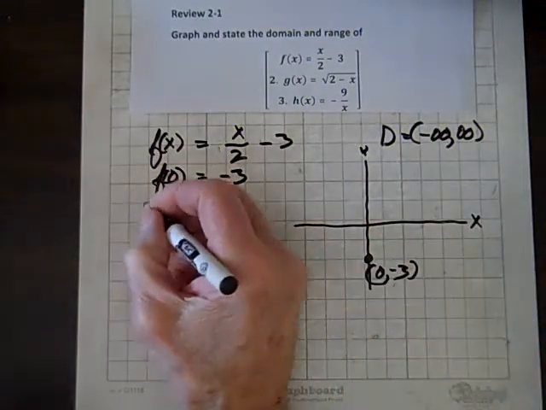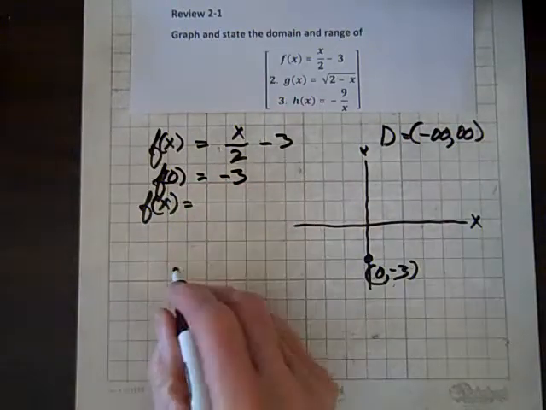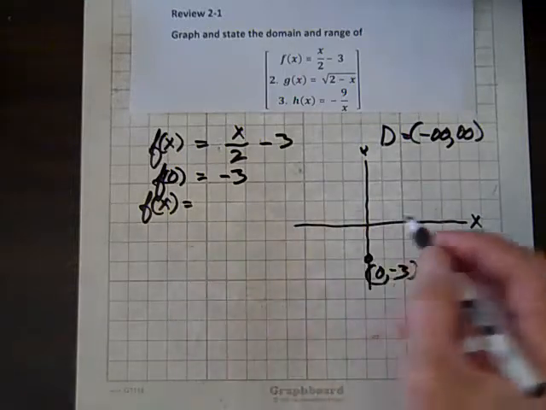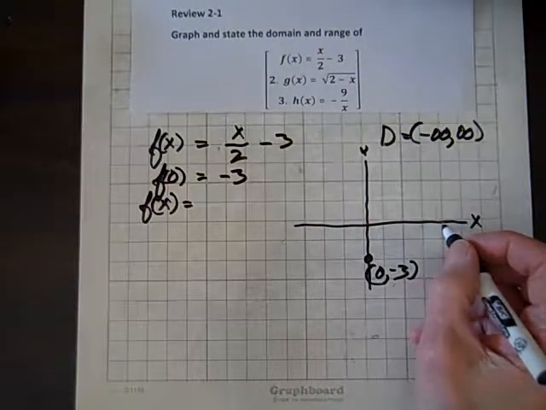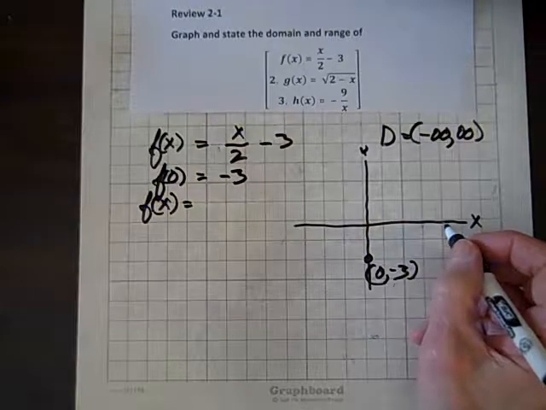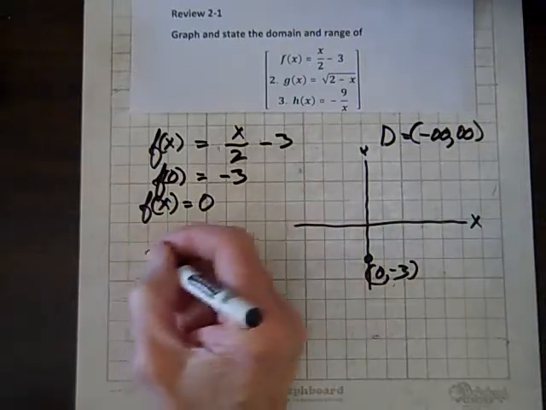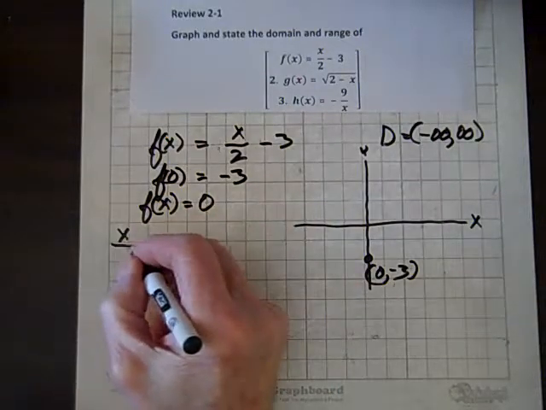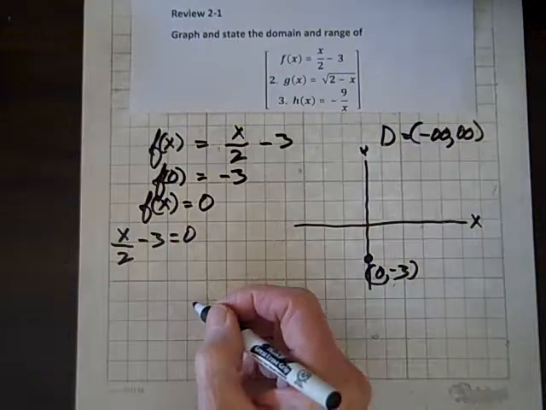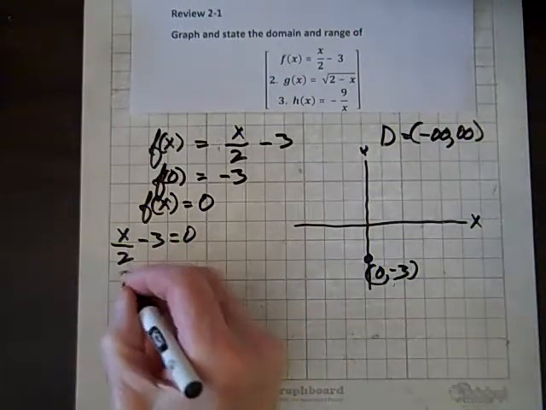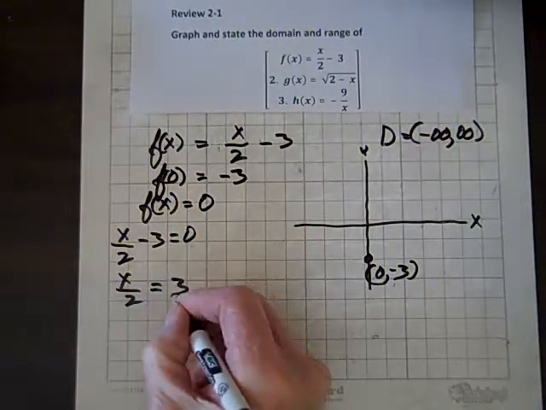Now, to find the x-intercept, we'll set f of x equal to 0, because in other words, y equals 0, and what's the y-coordinate for any point on the x-axis? It's 0. So we set x over 2 minus 3 equal to 0. Adding 3 to both sides, we get x over 2 equals 3.